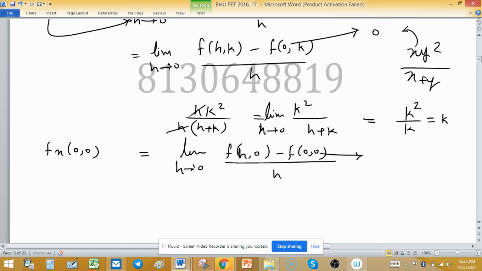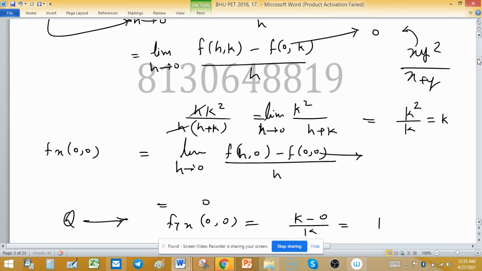Both coordinates are 0, so this term will go to 0, and this one again goes to 0 by the defining structure of the function. So the limit is 0. Now put all these values in equation Q. So equation Q implies f_yx at (0,0) will equal (k minus 0) divided by k, and k by k is 1.